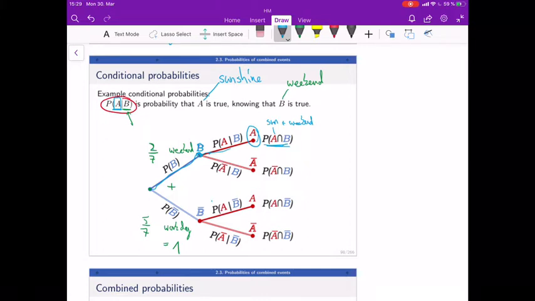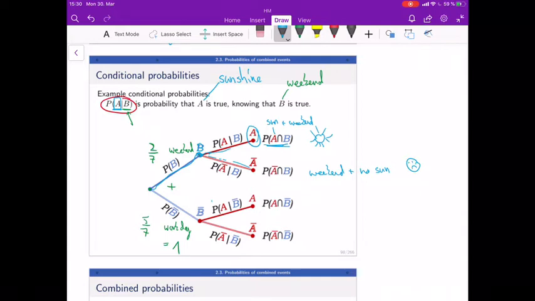That is the best. That is what we want. Obviously, there's also the chance that we got a weekend and no sunshine. Yeah, that's this one here. So that's weekend and no sun. Yeah, that would be sad.